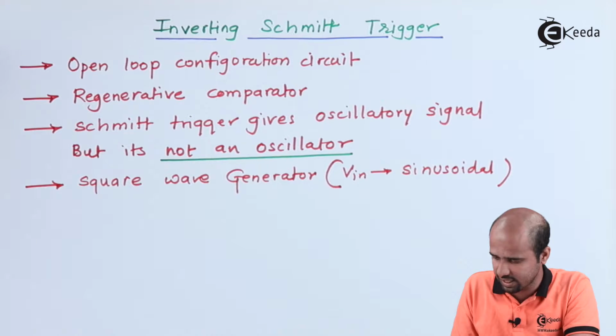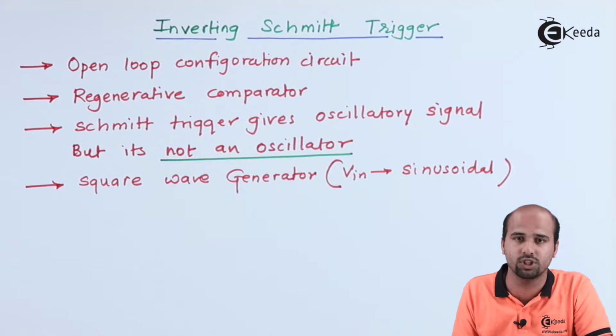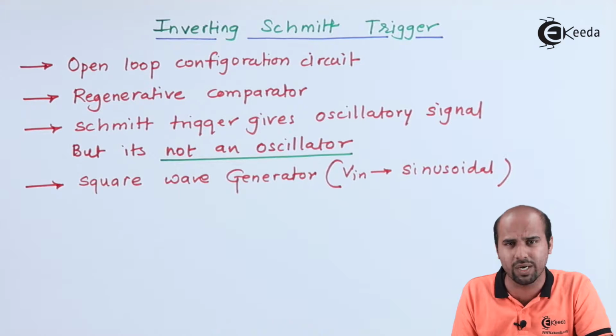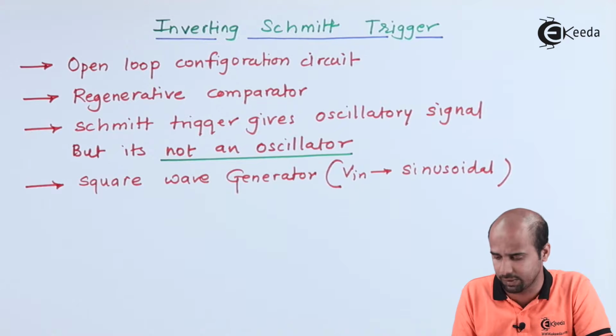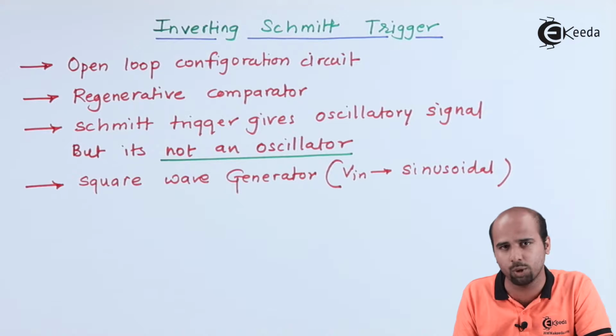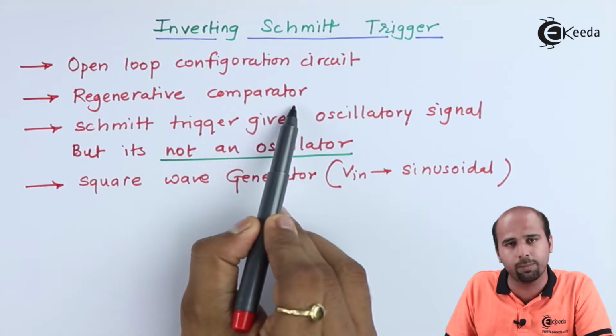Okay. Now let us understand the phenomena of Schmitt trigger. This Schmitt trigger is invented by Schmitt, and that is why we are taking this name as Schmitt trigger. Inverting Schmitt trigger tells you that here I am applying input to inverting terminal, and that is why a simple name of the Schmitt trigger is nothing but inverting Schmitt trigger. I am using this Schmitt trigger as name of regenerative comparator.